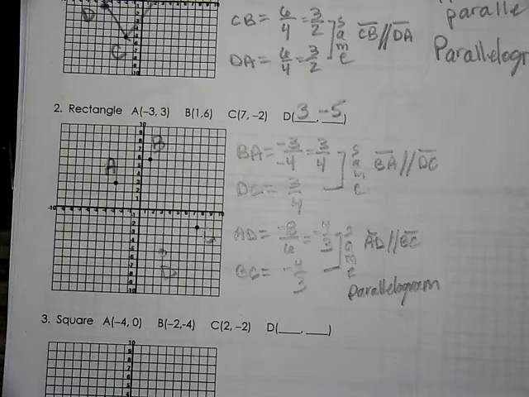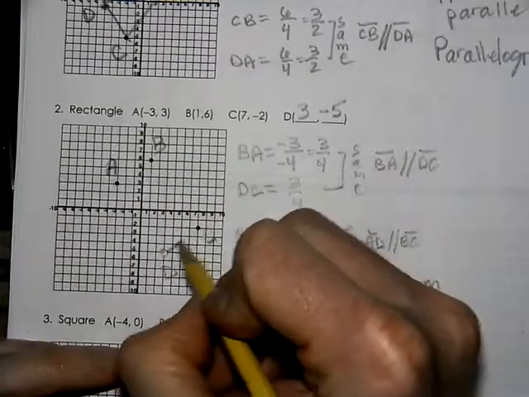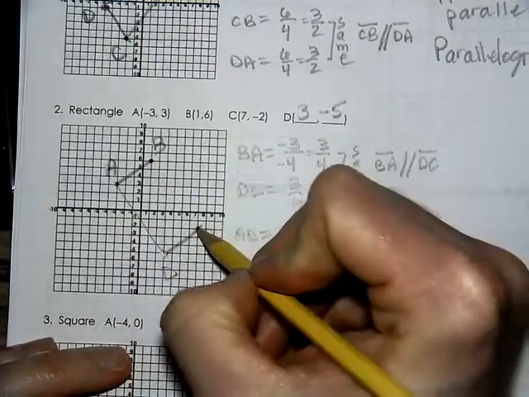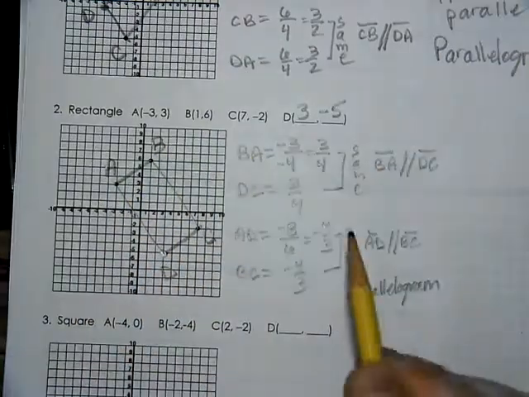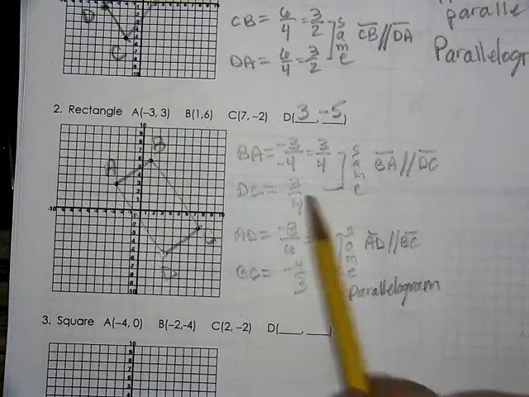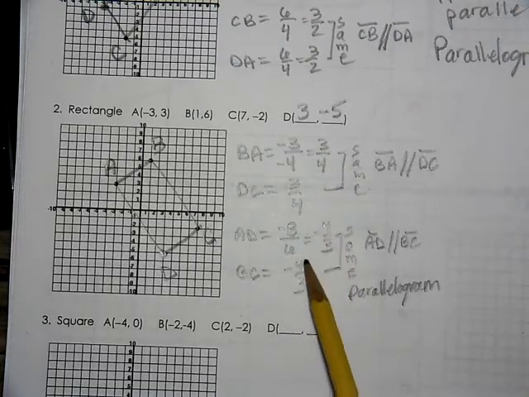Now we're going to look at the slopes to each other. So notice that this slope is positive 3/4. This slope is -4/3.